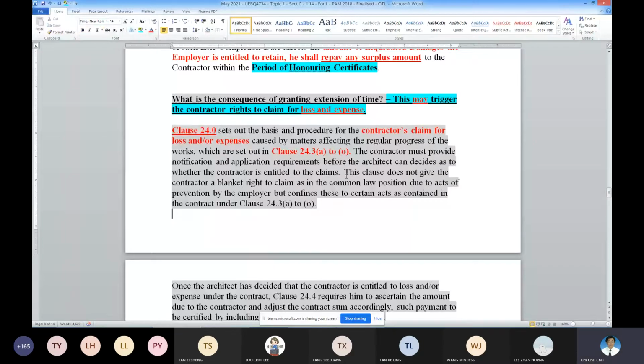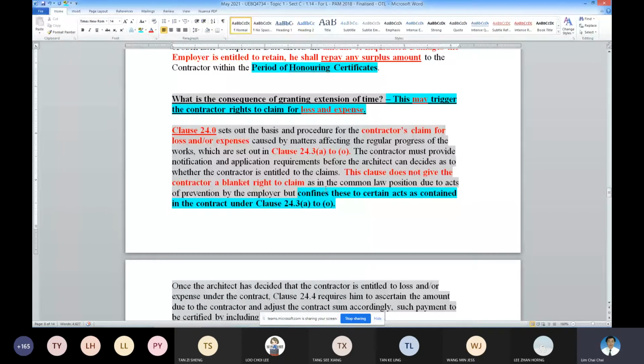It means that you need to claim contractually. Okay, the claim is confined to certain acts under clause 24.3a to 24.3o. So this clause doesn't give the contractor a blanket right to claim for money.